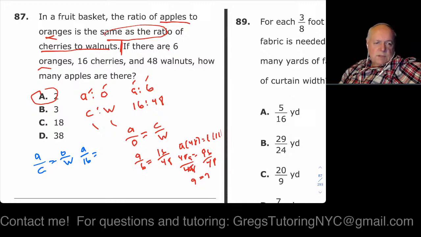And the oranges were 6, and the walnuts were 48. And if you notice, if we do the cross product, we're still getting 48A is equal to 16 times 6. So we're still going to get the same A at the end.